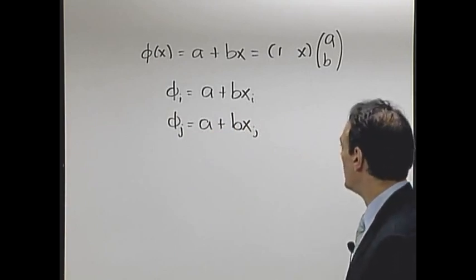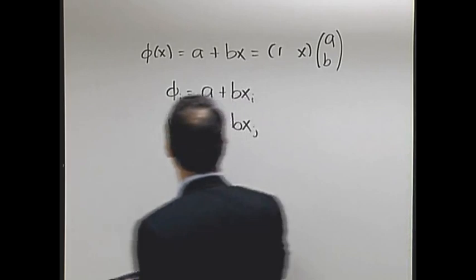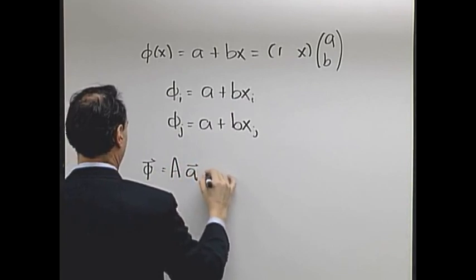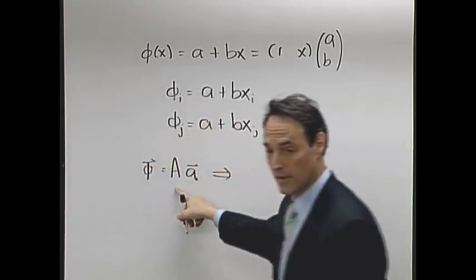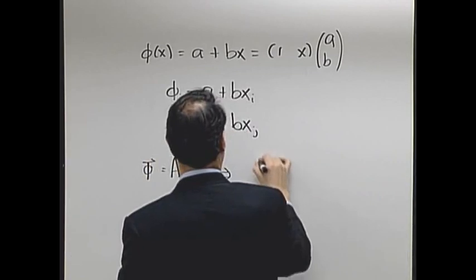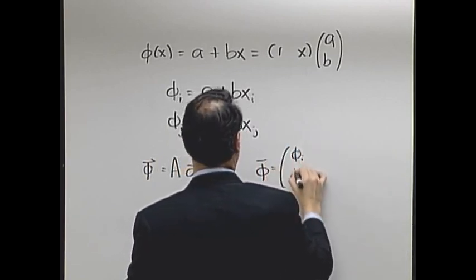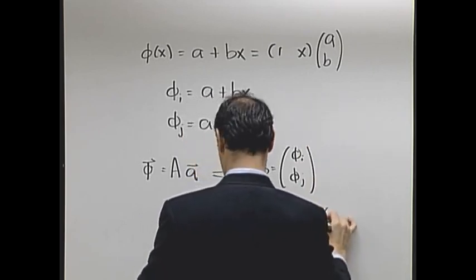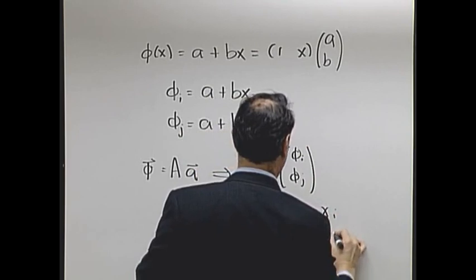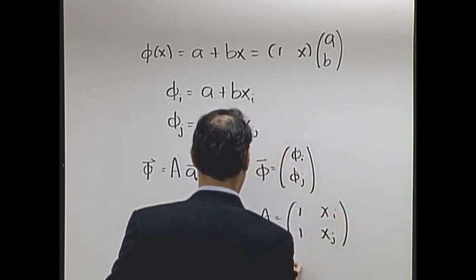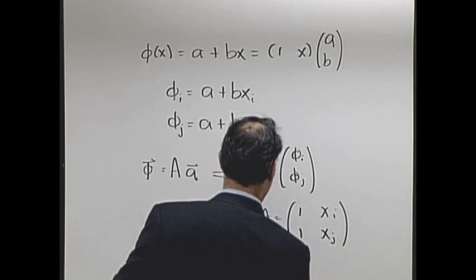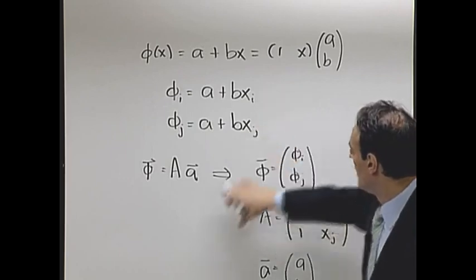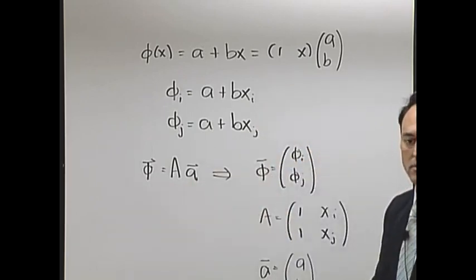Or, written as a vector system, this, where psi is equal to psi i, psi j, and the matrix A is equal to 1 xi, 1 xj, and then the unknowns are written as A and B. I have that system. Okay, so I just took this and wrote it as a 2x2 system of equations.